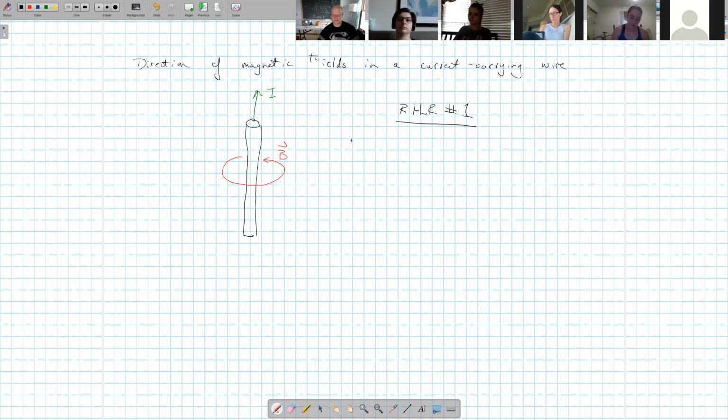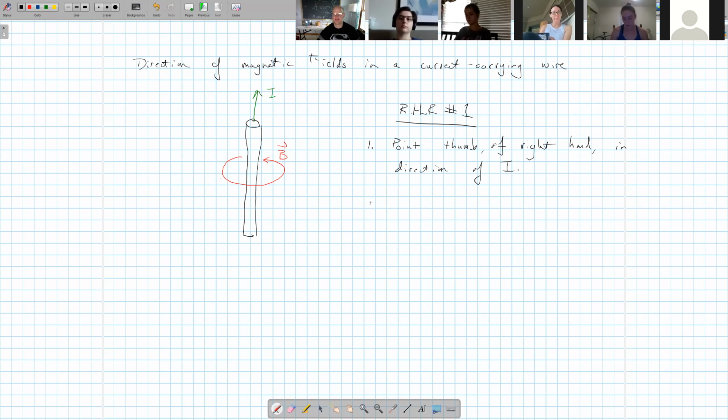Right-hand rule number 1 says, for determining the direction of the magnetic field from a current carrying wire, we first, number 1, point the thumb of the right hand in the direction of the current, so in the direction of I. Now remember, I is not a vector, but we're going to pretend it's a vector and say it's flowing in a particular direction.